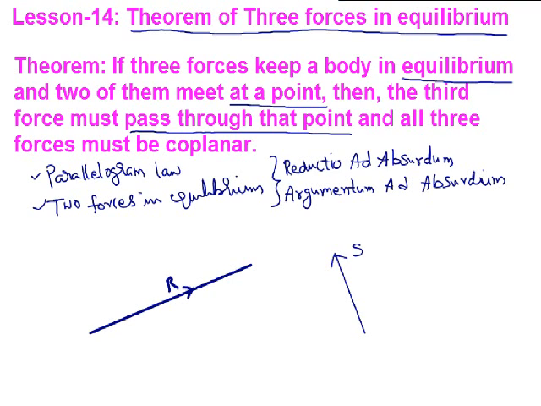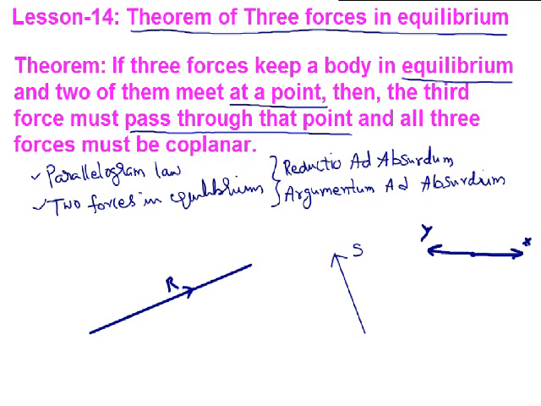But we know from the axiom that if two forces, let us say force X and force Y, keep a body in equilibrium, the magnitude of X must be equal to the magnitude of Y, and they must be oppositely directed and collinear. This axiom is violated here, and violating an axiom is not permitted.